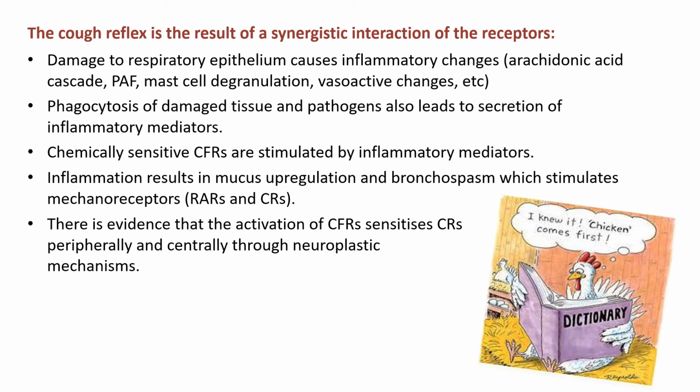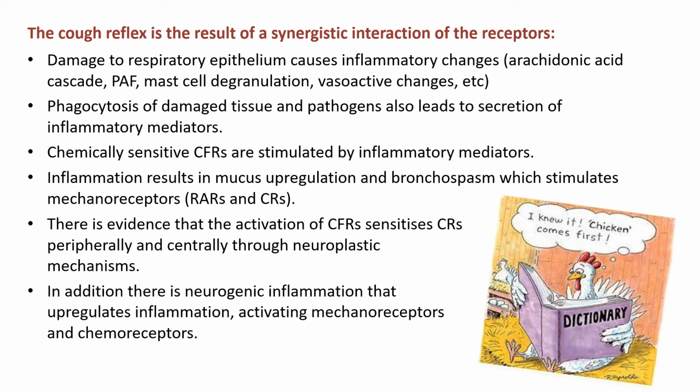Neuropeptides do tend to sensitize other receptors and do sensitize synapses. And of course, we've got the effects of neurogenic inflammation. So we get an upregulation of inflammation, which again activates the mechanoreceptors and the chemoreceptors even more. So it's no wonder really that coughs, once they start, can be quite persistent.